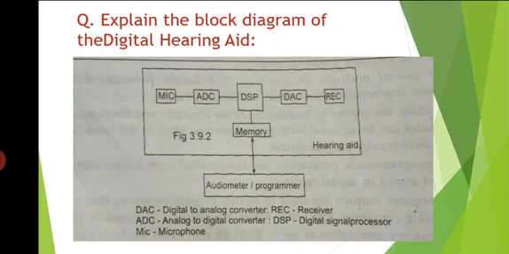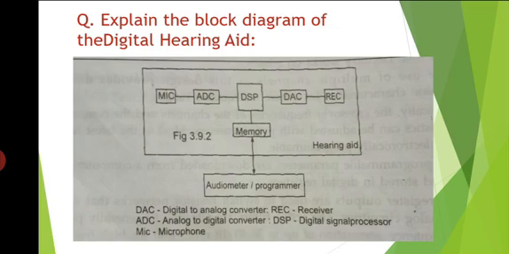Since power consumption is a major consideration in the design of hearing aids, the wired program approach is followed. The DSP is associated with a two-port memory, which is used to store processing parameters that can be downloaded from the external programmer to the hearing aid.